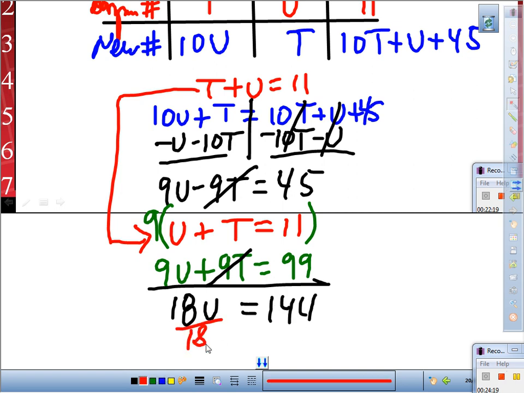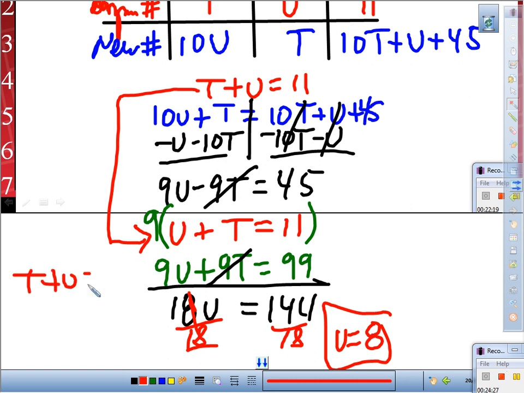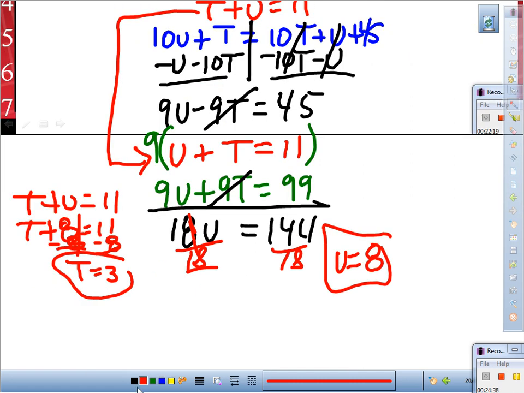From there, divide by 18. And we're left with U equals 8. From there, we take T plus U equals 11. T plus 8 equals 11. Minus 8, minus 8. T equals 3. Therefore, the original number is 38.